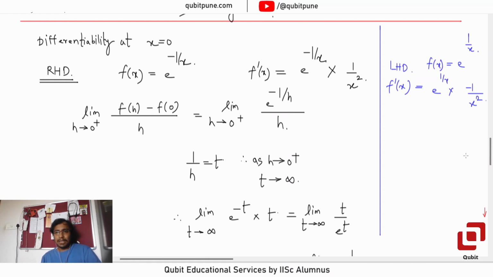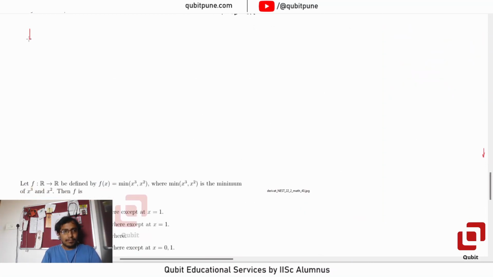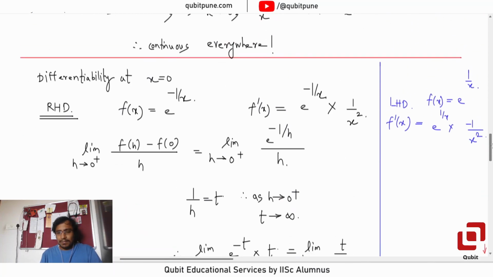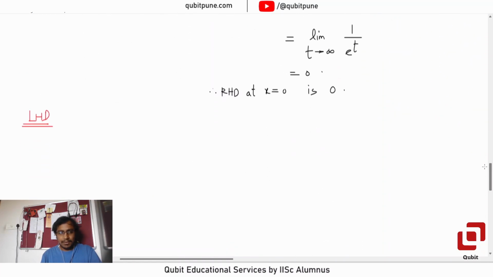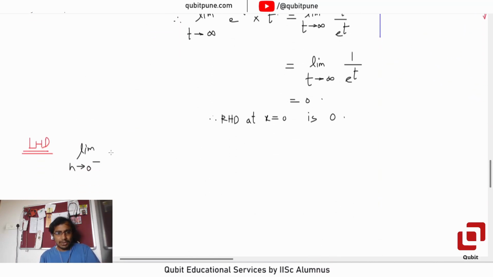Can we find the left hand derivative in a similar way? Let us see. f of x is e raised to 1 upon x. So limit as h tends to 0 minus of f of 0 plus h, so it's e raised to 1 upon h, minus f of 0, upon h. Again I can make a change.